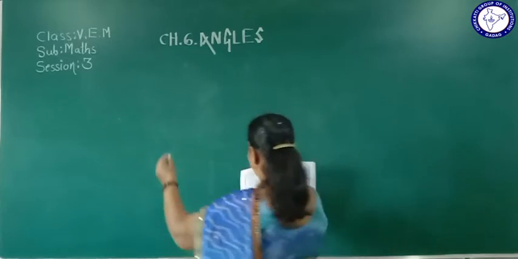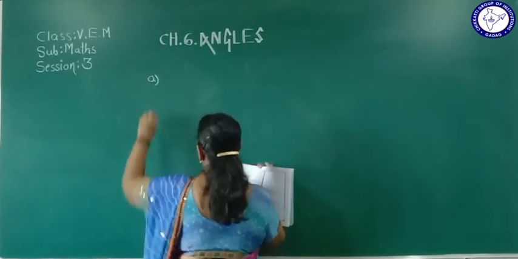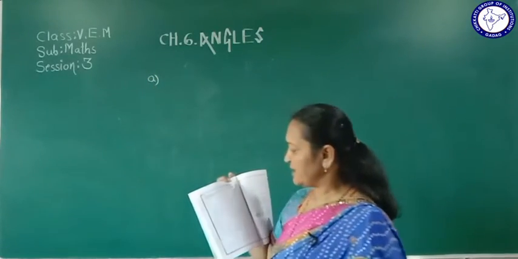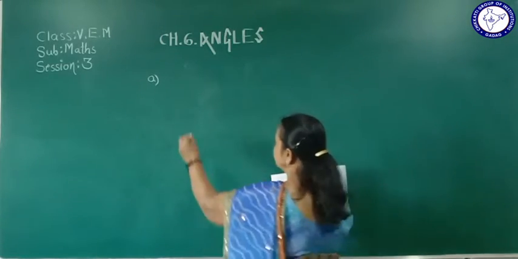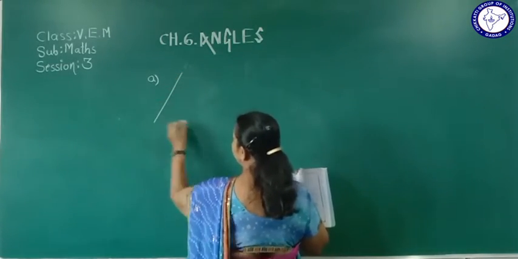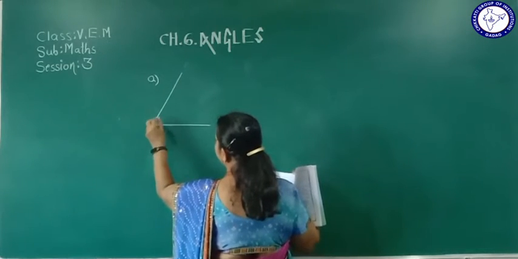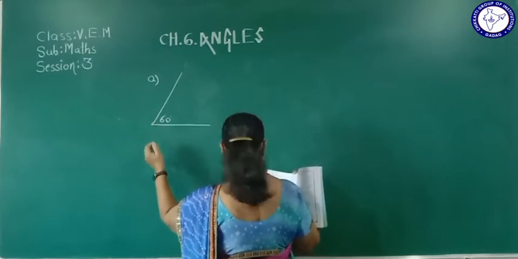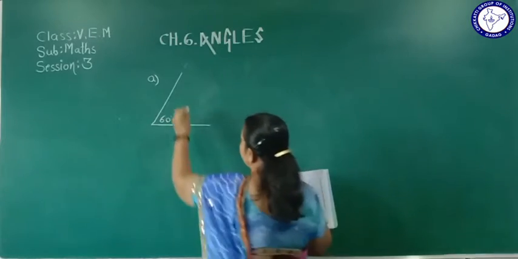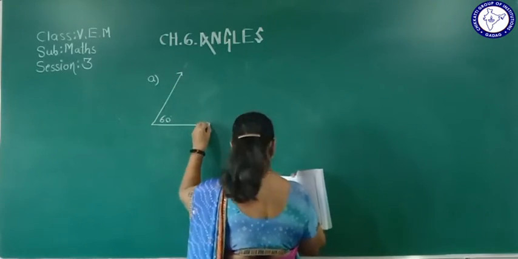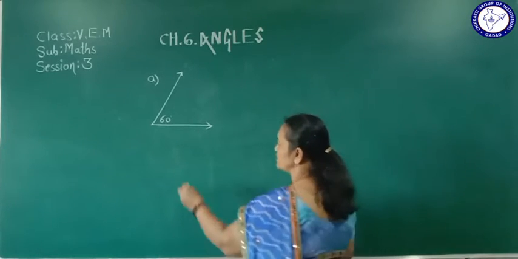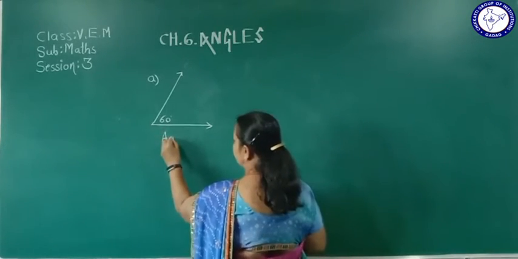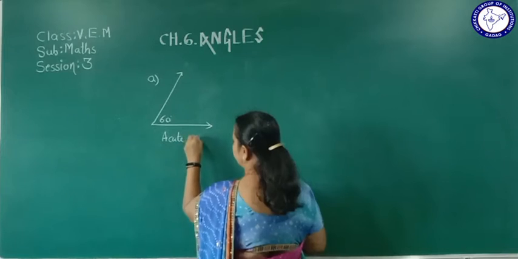First you will find second main, measure the following angles, write the measurement and type of each angle. Here first angle, if you measure, you will find 60 degree. If it is 60 degree, which type of angle it is? It is acute angle. So here you should write acute angle.